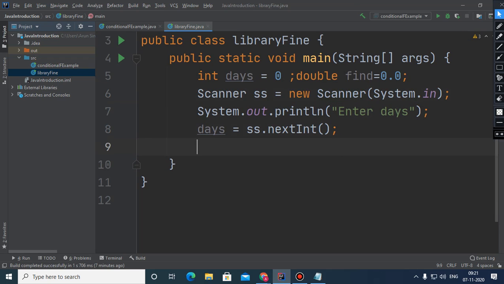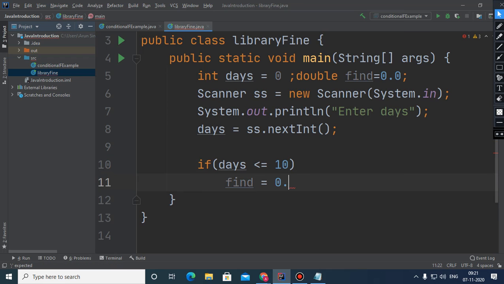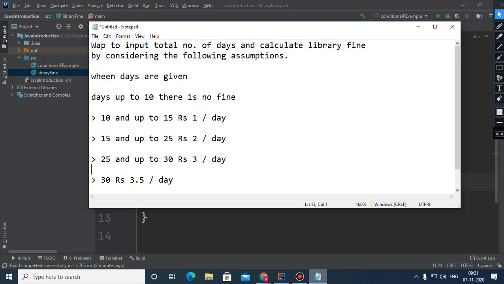So here you have to just, if days are less than or equals to 10, children, there is no fine if you see the slab. There is no fine.